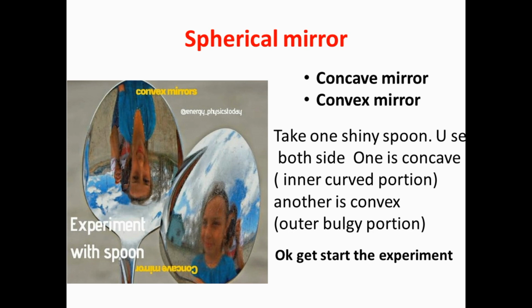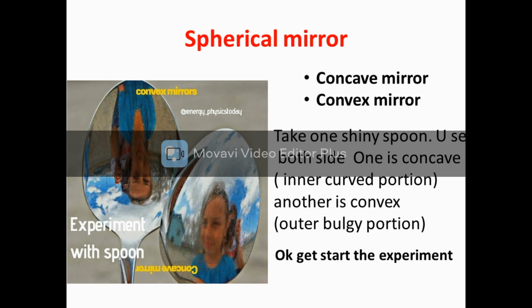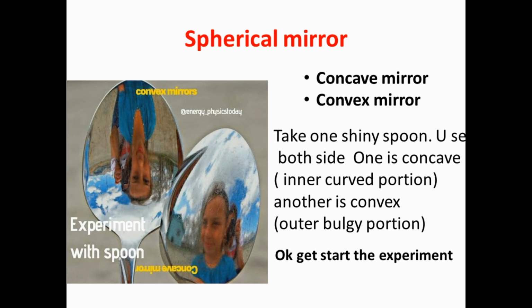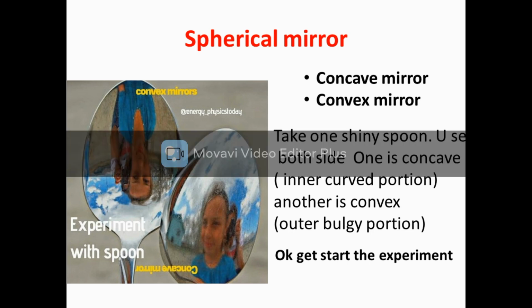Let us take one simple experiment, from which we come to the conclusion of what is concave and what is convex. Take a spoon and keep it near your face, and you can see yourself in it. A spoon has two sides: one is the inner portion, the curved surface, and the other is the outer portion, the bulging one.